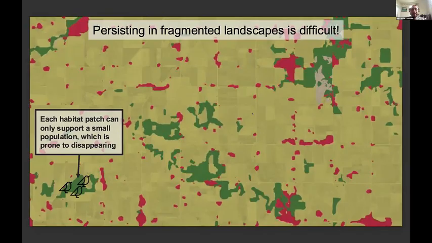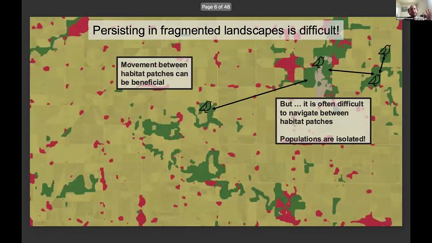And so one thing that can generally be beneficial is movement, or connectivity between these different populations and habitat patches. This movement of individuals between these patches can offer a bunch of benefits at the landscape level.